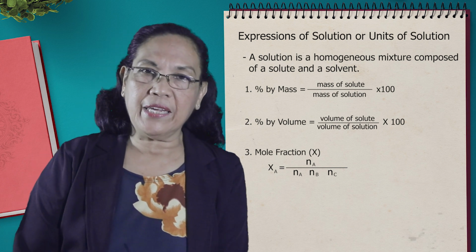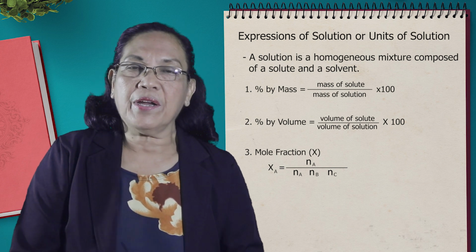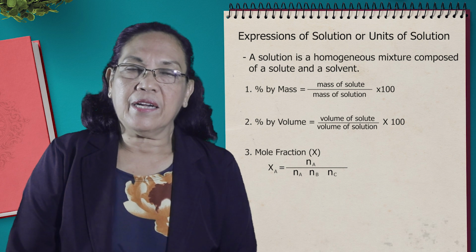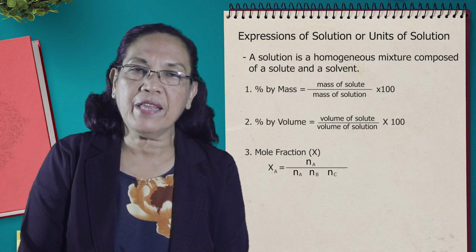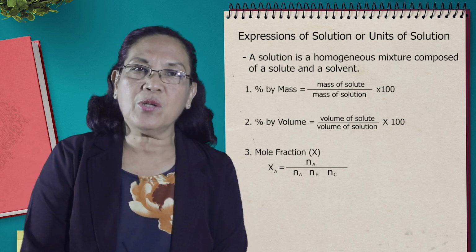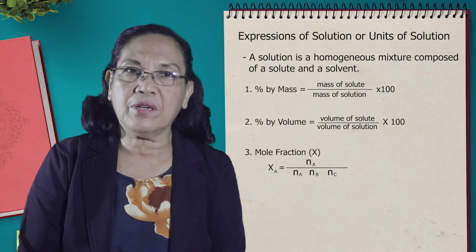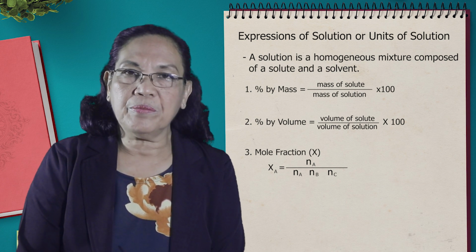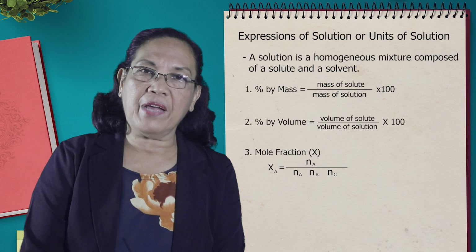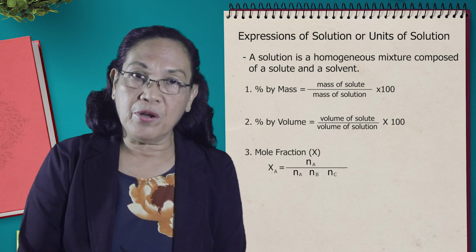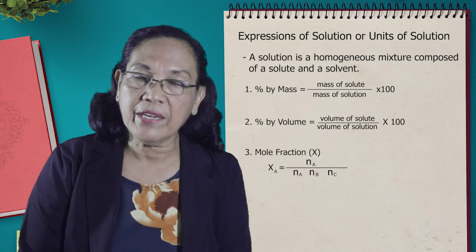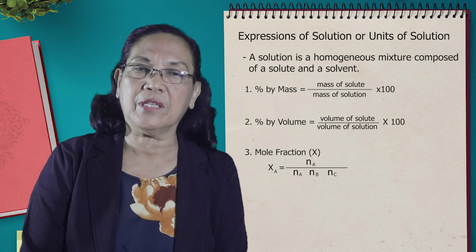In the example that I gave you in the notes, you are given 25 grams of ethyl alcohol being dissolved in 60 grams of water. Because you are given the number of grams of the ethyl alcohol, you have to know the molecular formula of ethyl alcohol.